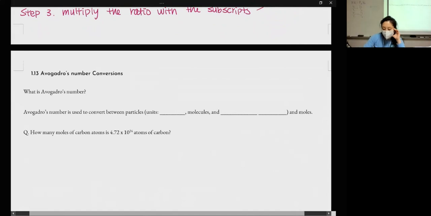So it'll be 6.022 times 10 to the 23rd particles over a mole of a substance. So every mole of substance will have that many particles or things. Avogadro's number is used to convert between particles. Units are atoms, molecules, and formula units.